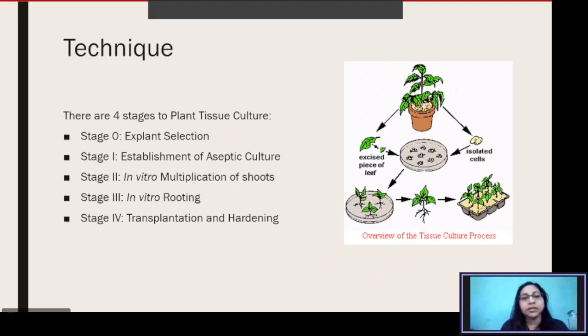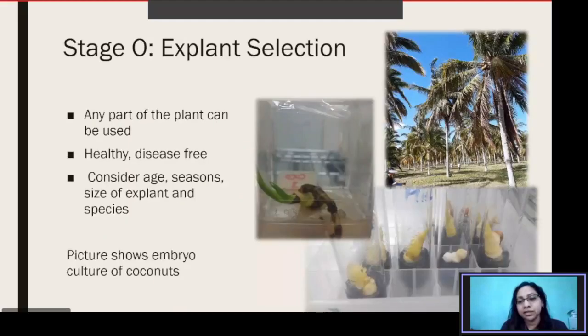So stage 0, explant selection. Some people leave out this stage, but I think it's very important to select a healthy plant at the very beginning. Just like any method of propagation, what you get at the end really depends on what you start with.